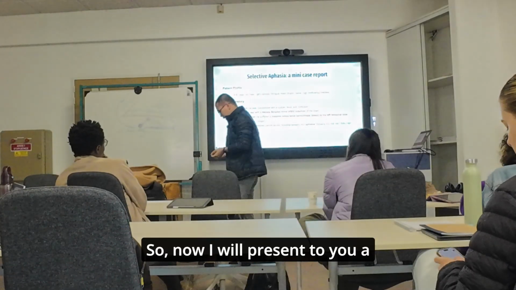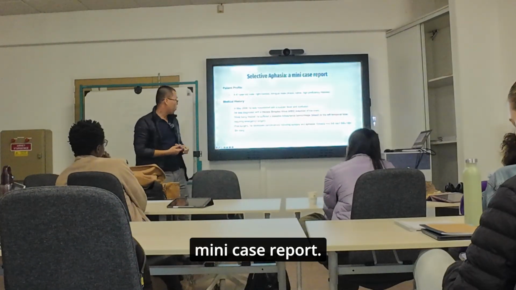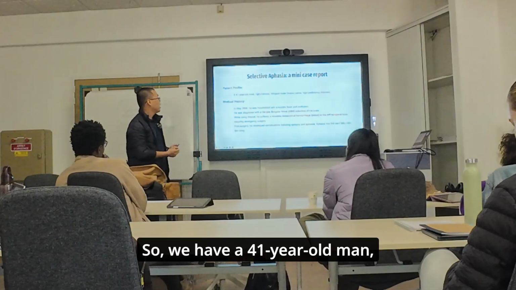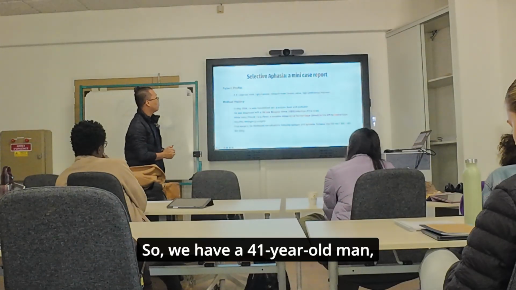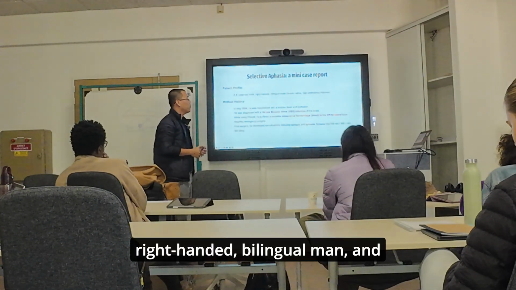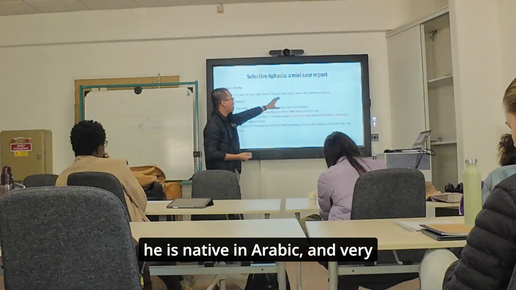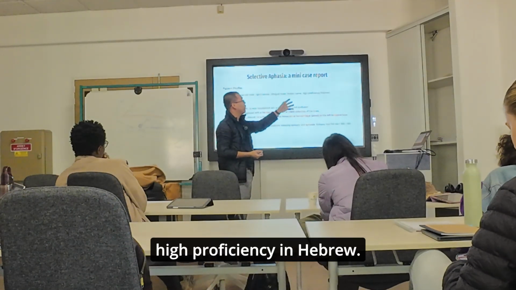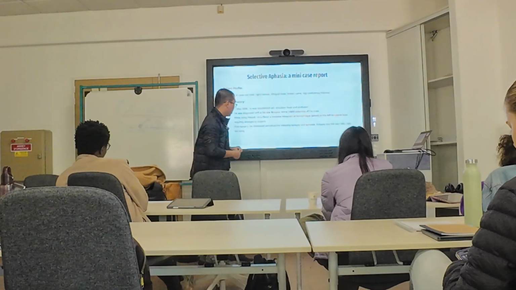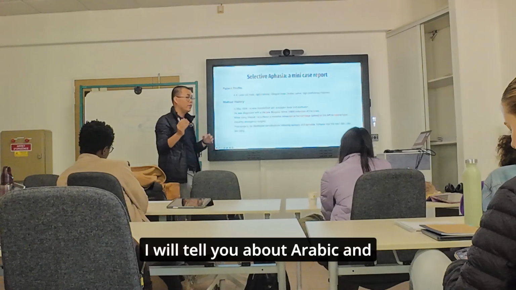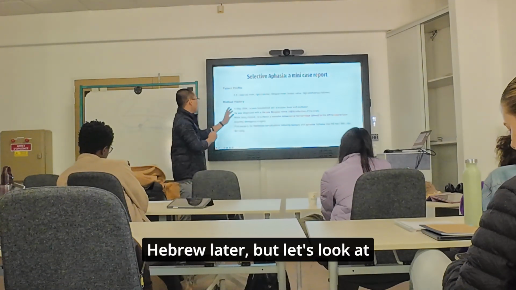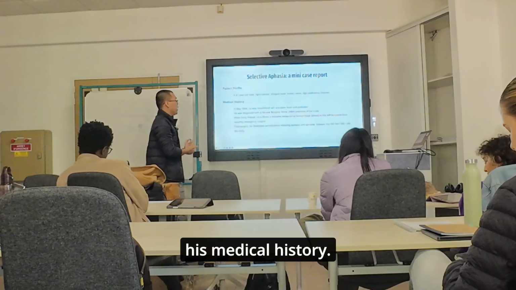So now I will present a mini case report. We have a 41-year-old right-handed bilingual man, whose native language is Arabic and who has very high proficiency in Hebrew. I will tell you about Arabic and Hebrew later, but let's look at his medical history.